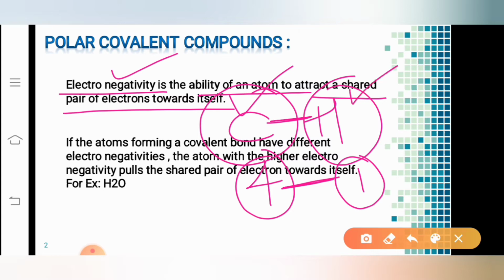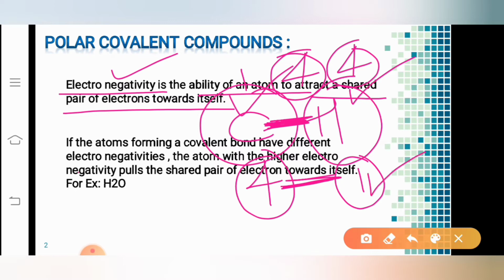That means hydrogen has only one electron. It can easily share with carbon, and this carbon has 4 valence electrons. It needs 4 more electrons, correct? It has higher electronegativity, and as a result, this carbon has the ability to attract the shared pair of electrons towards itself.